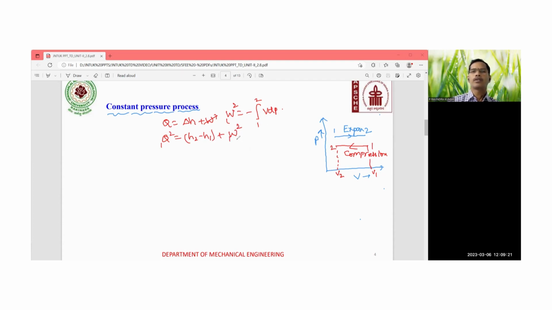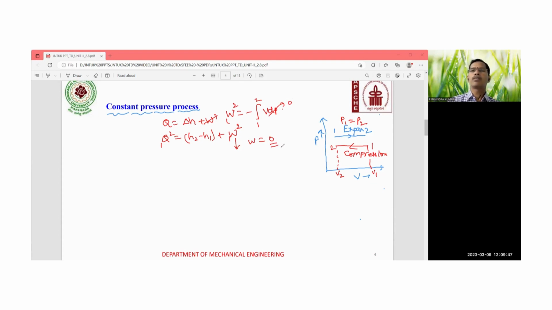Now if you observe this case, in a constant pressure process, P1 is equal to P2. So here the work done is equal to 0, because this integral is going to become 0. Work done in a constant pressure process for an open system is 0.